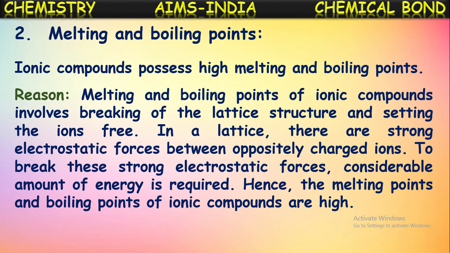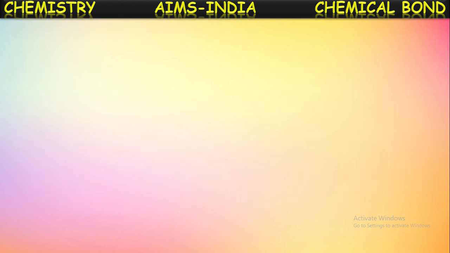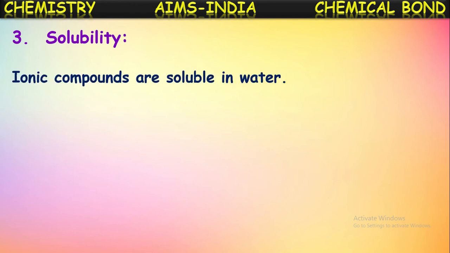In a lattice, that means in the crystal, there are strong electrostatic forces between the oppositely charged ions. To break these strong electrostatic forces, a considerable amount of energy is required. Hence, the melting and boiling points of ionic compounds are very high.